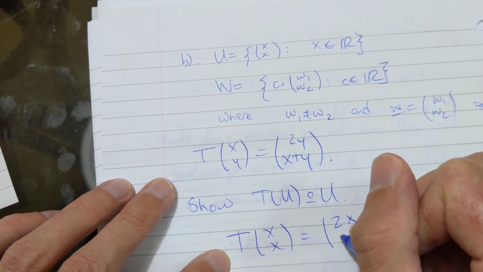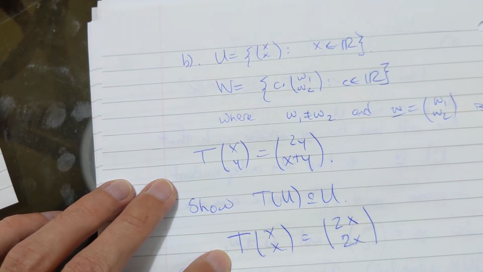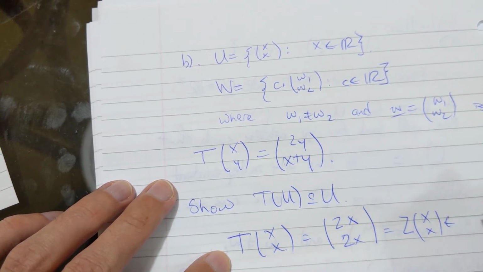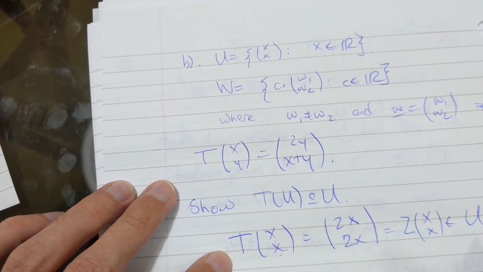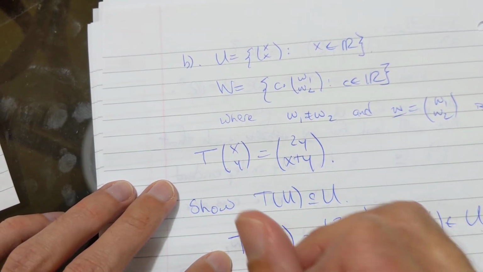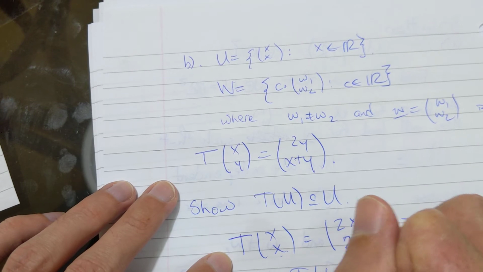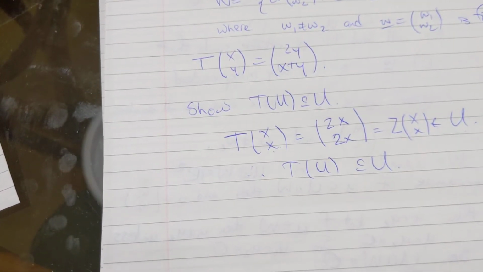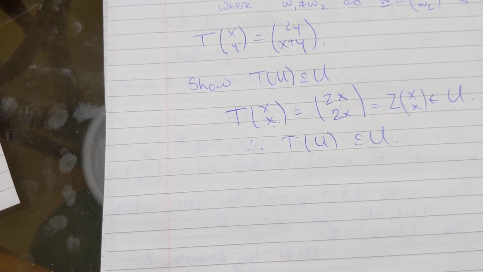So you get x plus x, which is 2x. Well, that's just 2 times (x, x), and that's in U. So T of any vector in U is also in U. So T of U is contained in U.